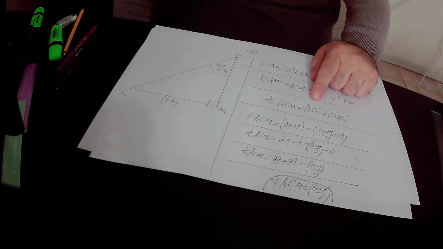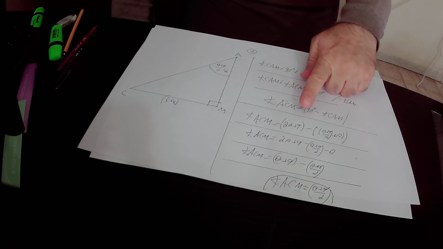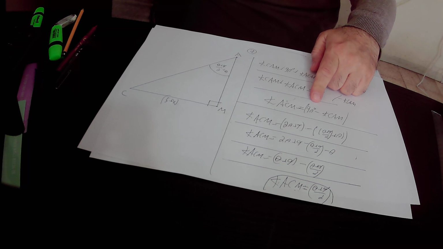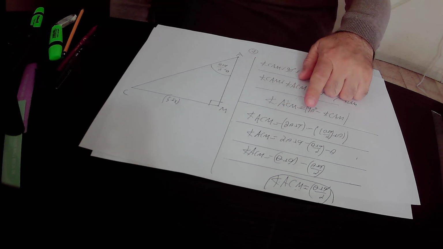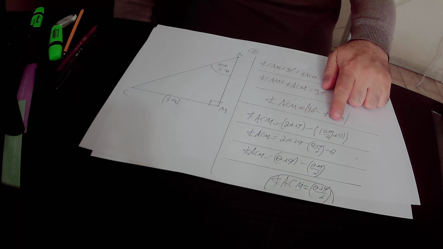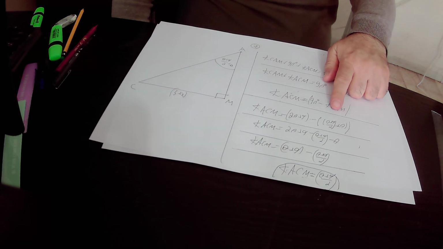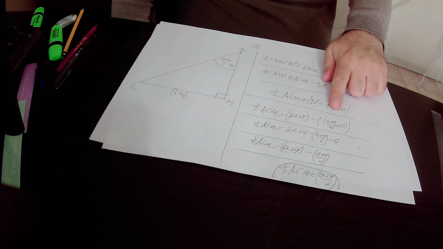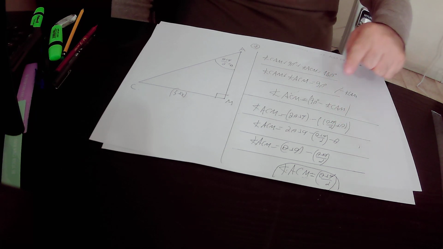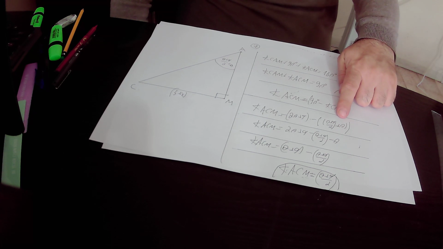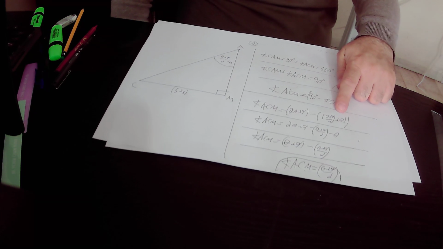And we have already found out that 90 degrees is equal to 2 theta plus alpha. So we substituted 90 degrees by 2 theta plus alpha. So in conclusion, angle ACM equals 2 theta plus alpha minus ((theta plus alpha) over 2 plus theta). We open the brackets here, and we got that angle ACM equals 2 theta plus alpha minus (theta plus alpha) over 2 minus theta. Because we have minus before the brackets, the plus sign becomes minus.